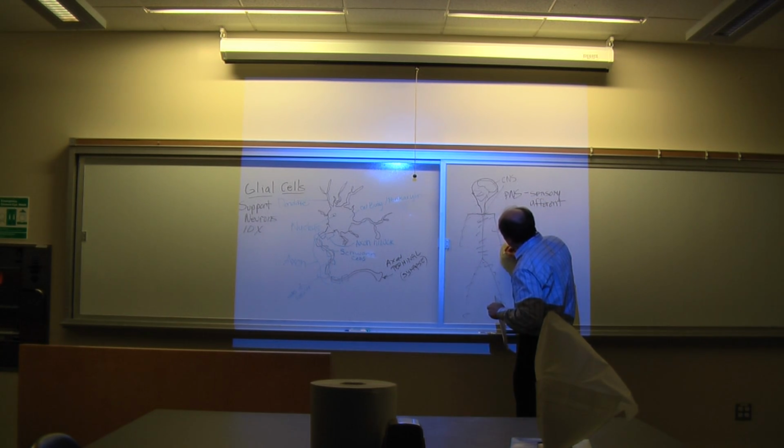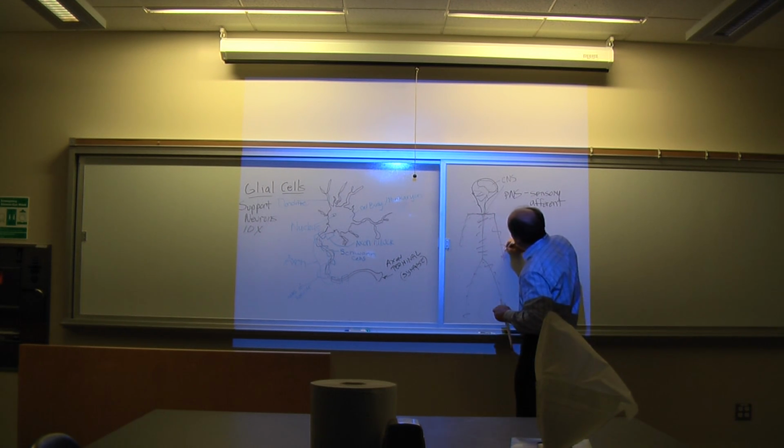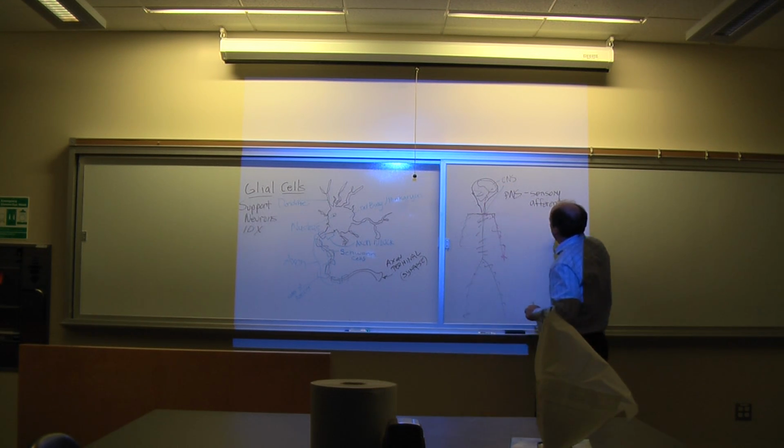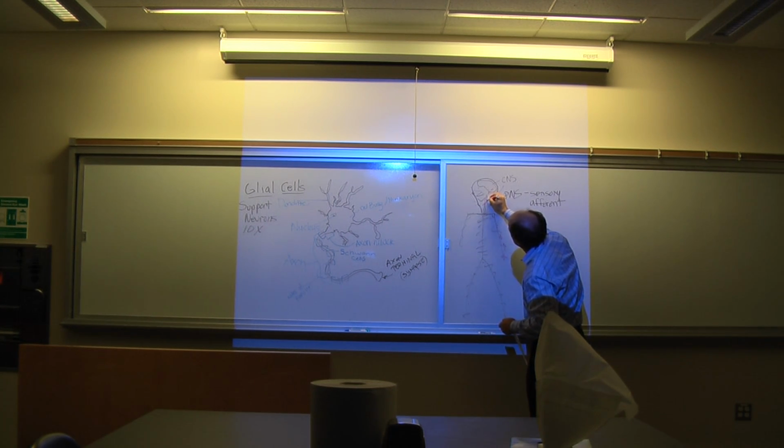So you prick your finger, there's a little stimulus here, and then that signal's got to go up the arm, into the spinal cord, and make its way into the pain center in the brain. So these directional arrows going in this direction, that's where we get afferent.